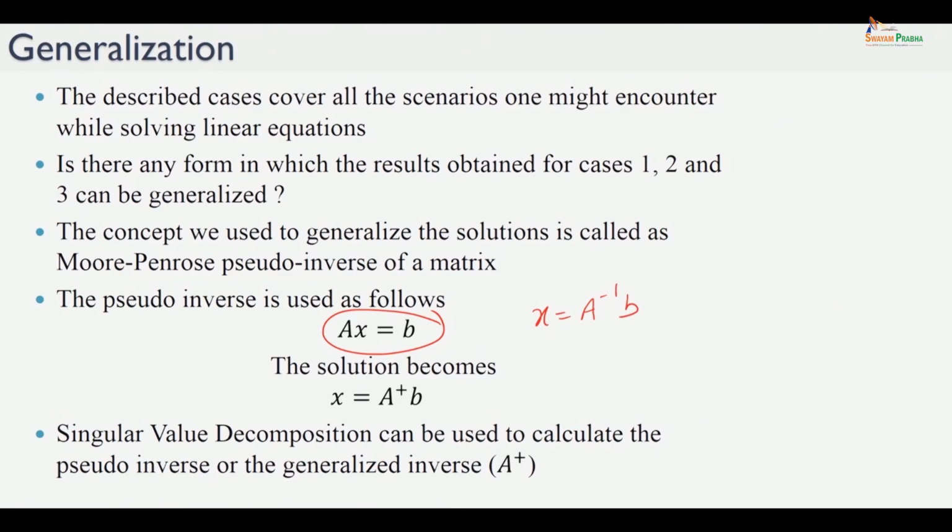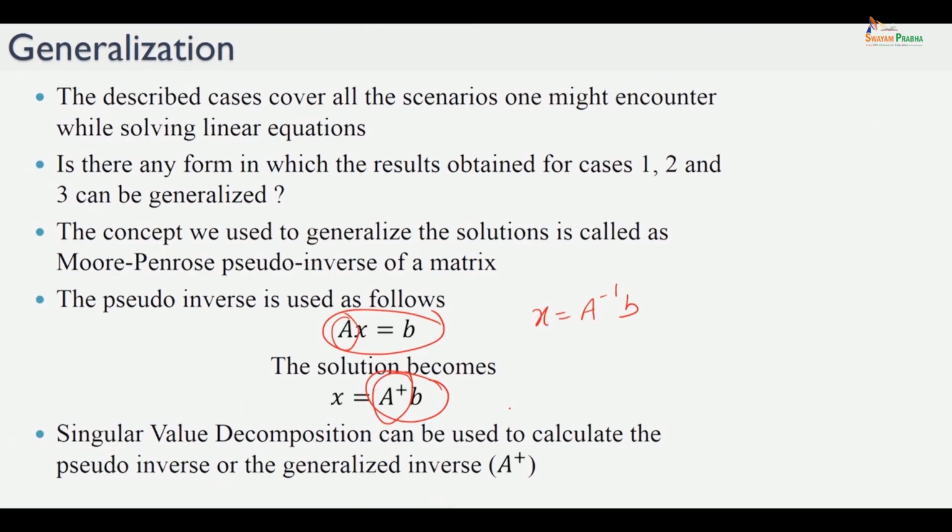The generalization of this is to write x equals A plus b, I have used this term to denote the pseudo inverse, and as long as we can calculate the pseudo inverse in a fashion that irrespective of the size of A, irrespective of whether the columns and rows are dependent or independent, if I can write one general solution like this, which will reduce to the cases that we discussed in this lecture, then that is a very convenient way of representing all kinds of solutions.